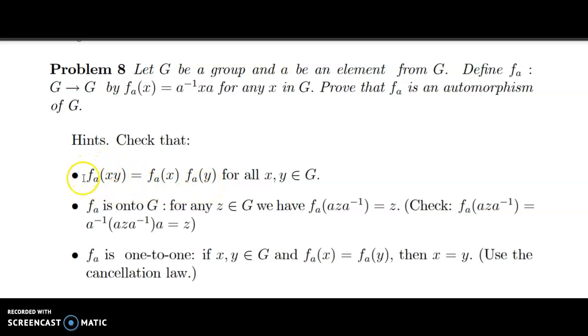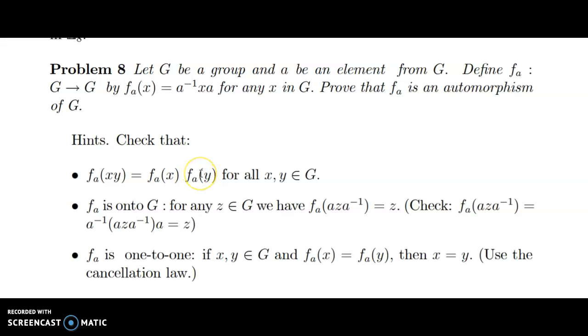Just evaluate the left-hand side, you get A to the negative 1 xy A. Evaluate the right-hand side, you get A to the negative 1 xA, A to the negative 1 yA, and because in the middle A to the negative 1 and A are next to each other, their product is the unity E, so it disappears and you get the same result.